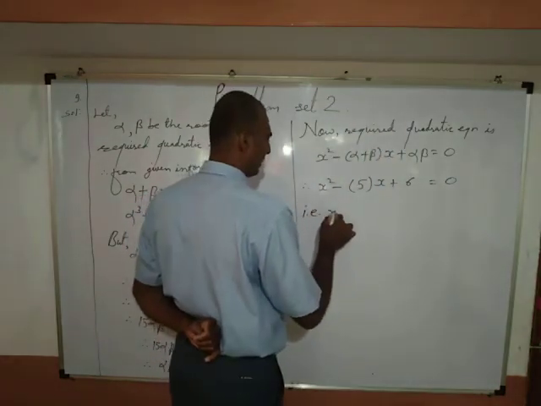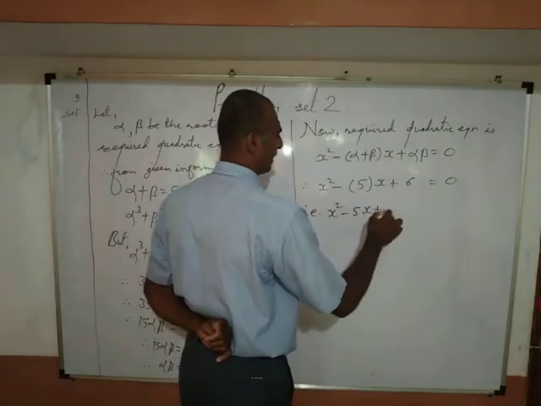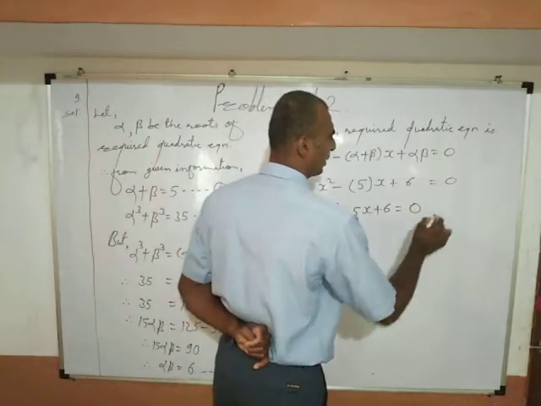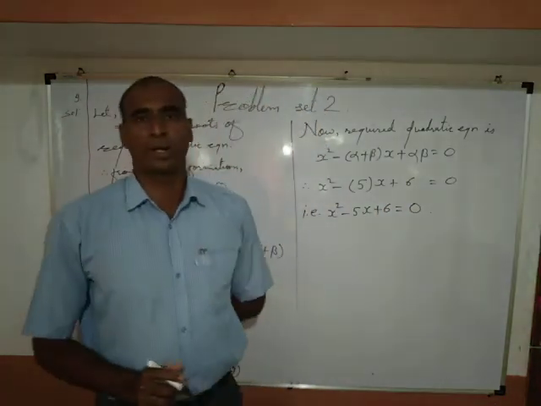That is x square minus 5x plus 6 equal to 0 is the required quadratic equation.